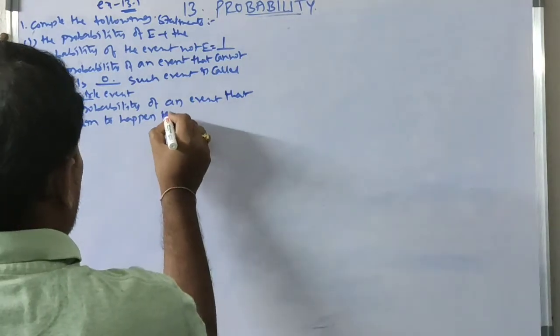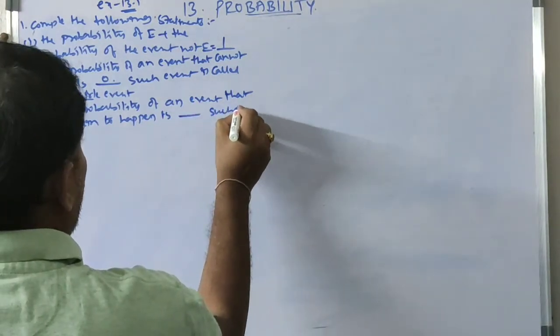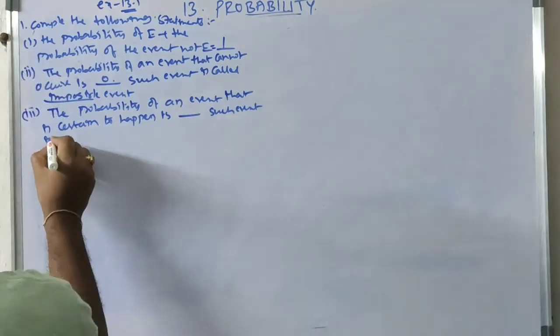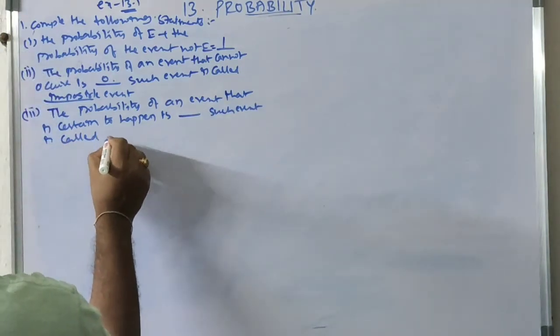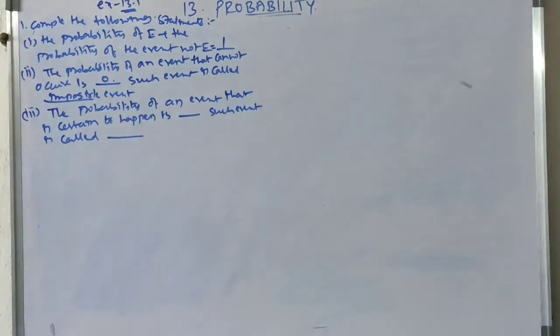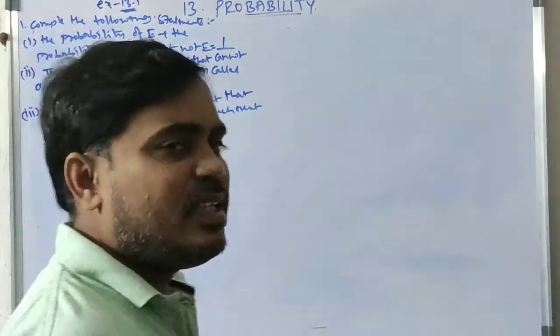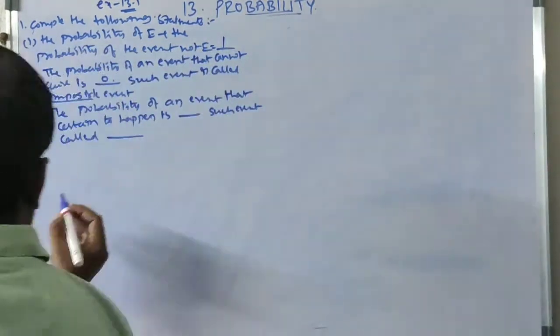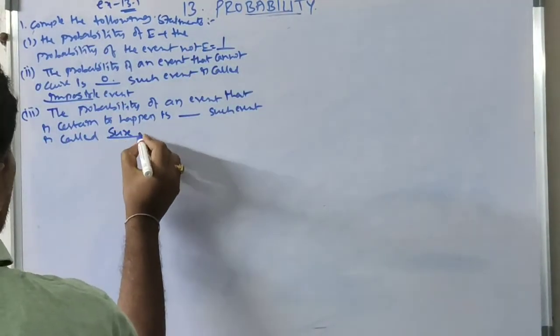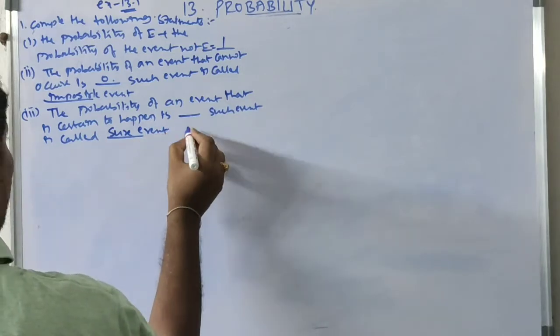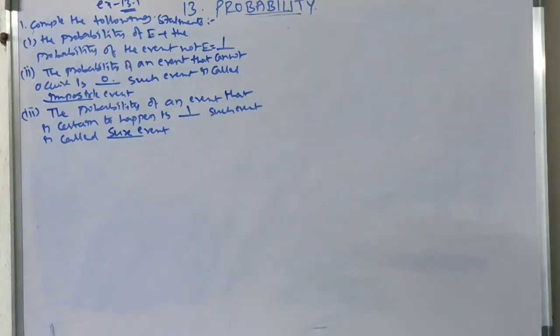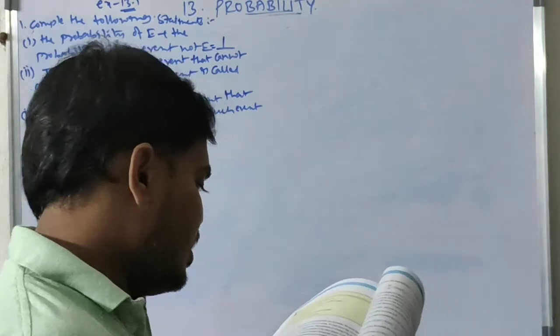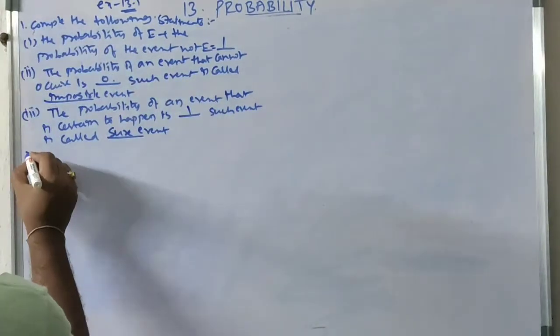Such event is called dash. The probability of an event that is certain, that is, compulsory to happen, is called a certain event or sure event. The probability of a sure event is equal to 1. Definitely it will happen.